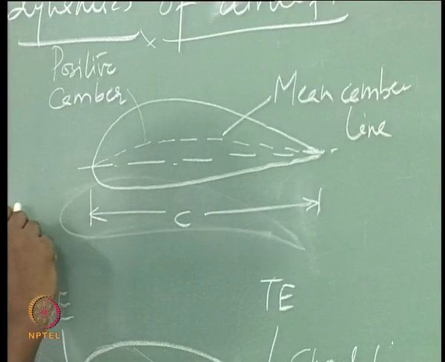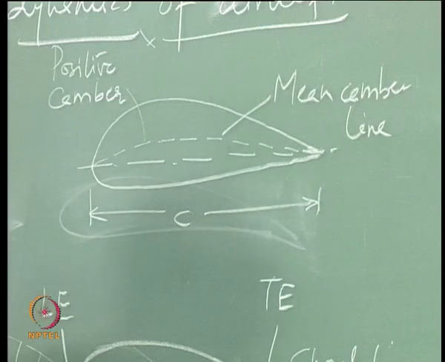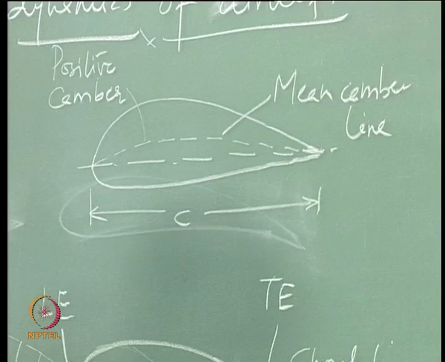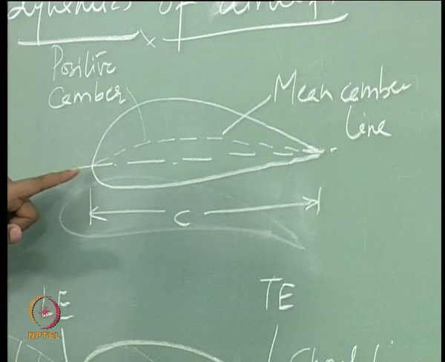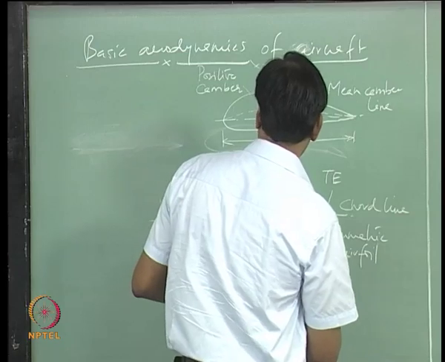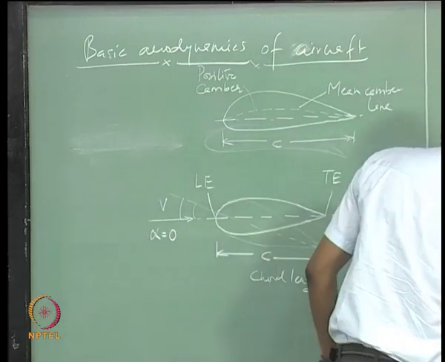It is a similar case if you want to represent it here, then what you need to do is define this line parallel to the relative wind velocity vector.